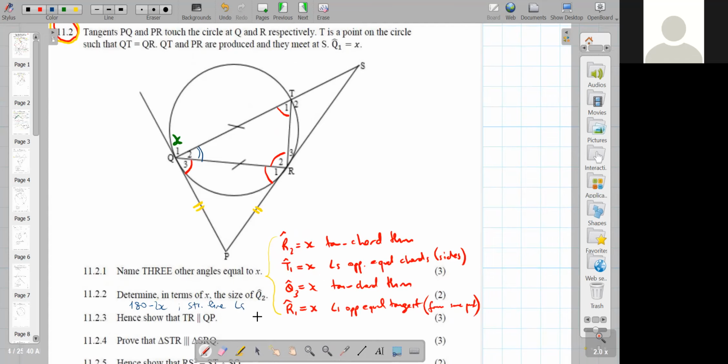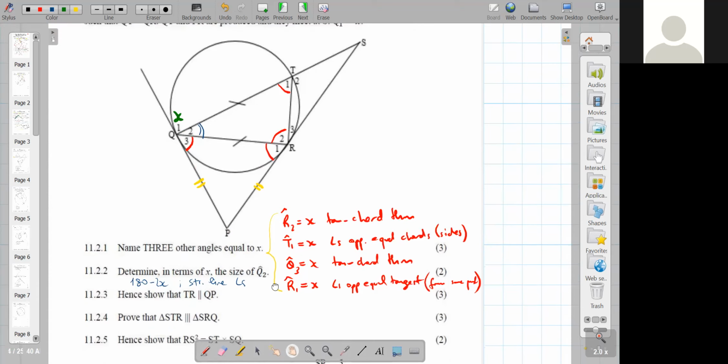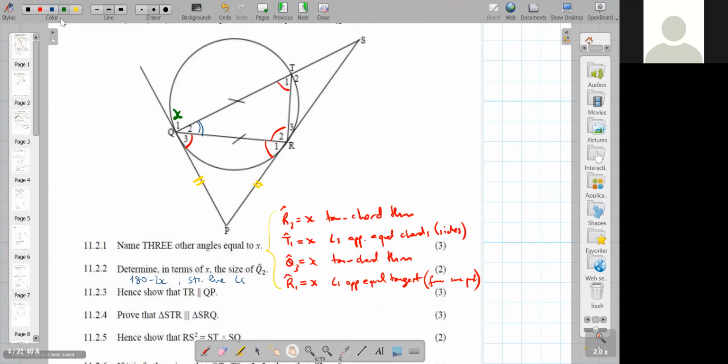And now show that TR is parallel to QP. As you see, they don't look parallel because the shape is not drawn to scale. Now, when you're looking at a parallel line condition, you just need to find out what would happen if it were parallel. It's like backward thinking.